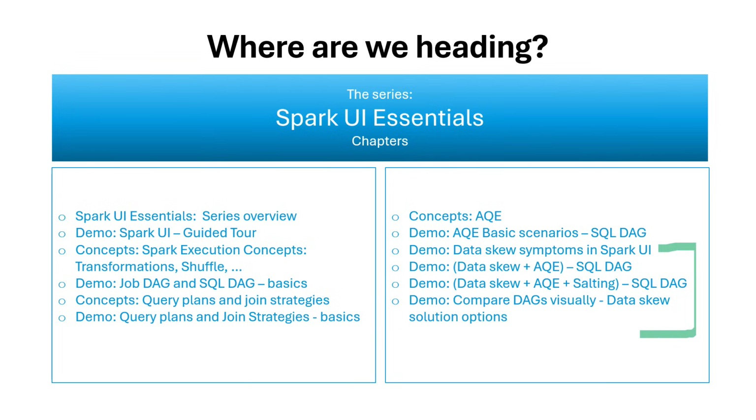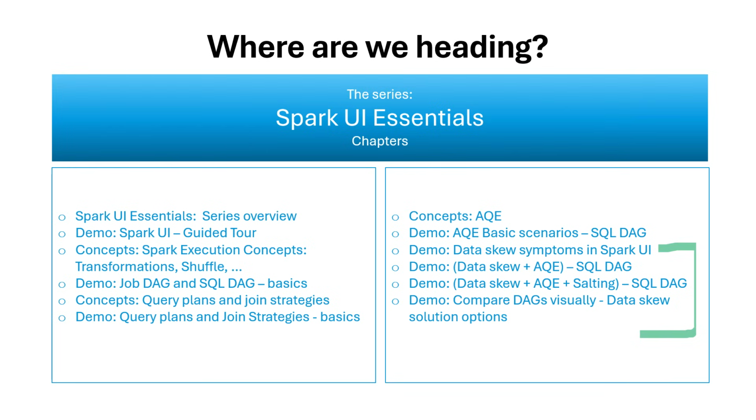In those demos, we will look at Spark SQL queries both before and after applying salting techniques. I will demonstrate how to identify data skew from the Spark UI and understand how that skew affects execution. Also, I will demonstrate how to address the problem using salting techniques.